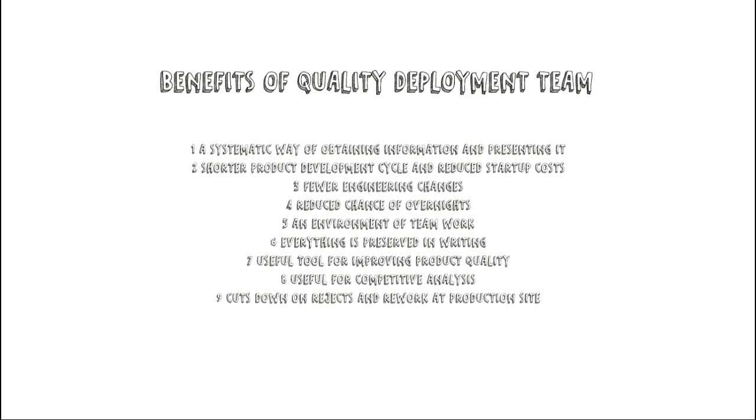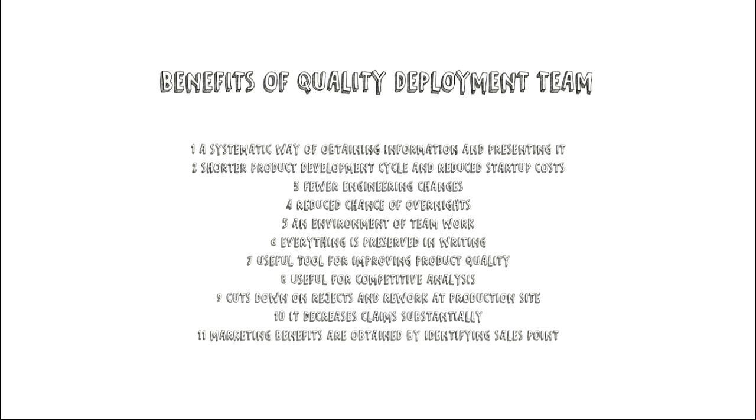Number 6, everything is preserved in writing. Number 7, a useful tool for improving product quality. Number 8, useful for competitive analysis. Number 9, cuts down on rejects and rework at the production site. Number 10, it decreases claims substantially. And number 11, marketing benefits are obtained by identifying selling points.